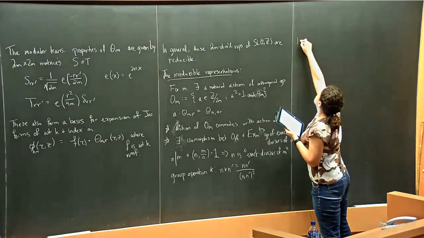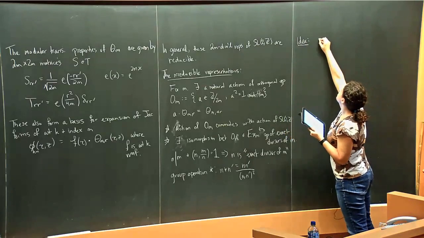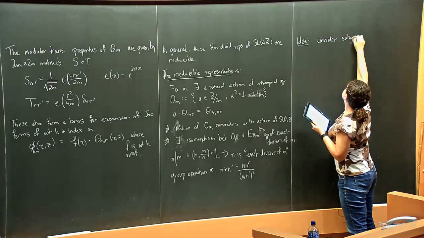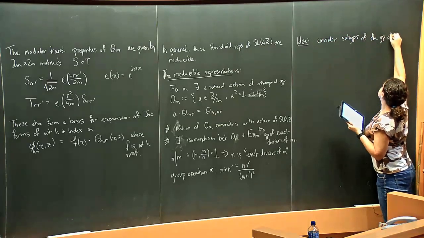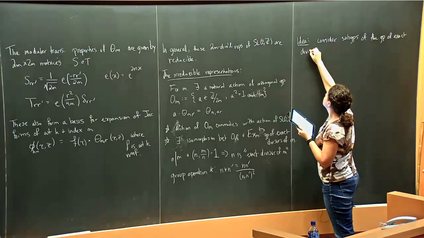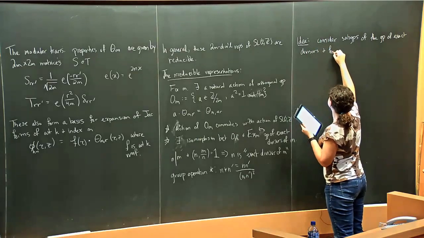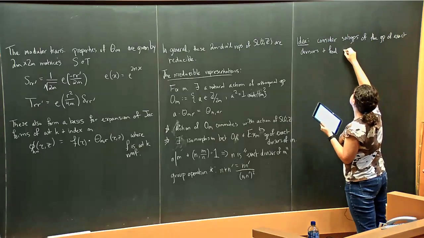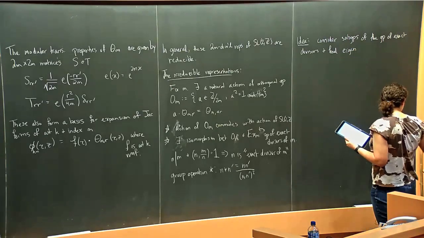So the idea, which I won't go through in detail, is to consider subgroups of the group of exact divisors and find their simultaneous eigenspaces within the eigenspace of SL2Z.